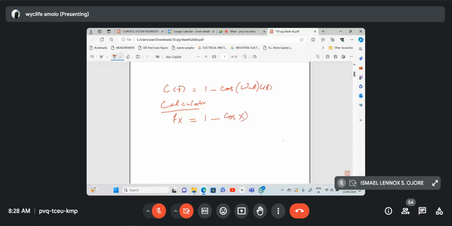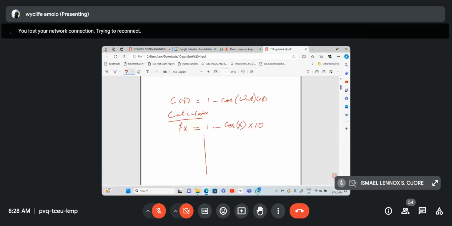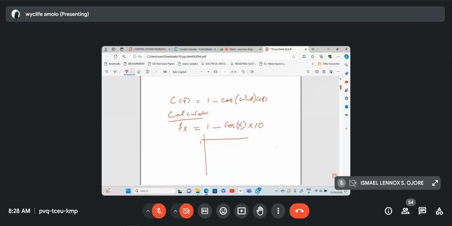We take all of this as x, because this is cos of x. You'll have a table of values, maybe 4 or 5 of them, so we have x and f of x.